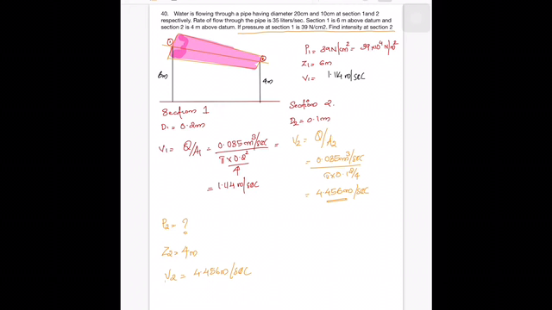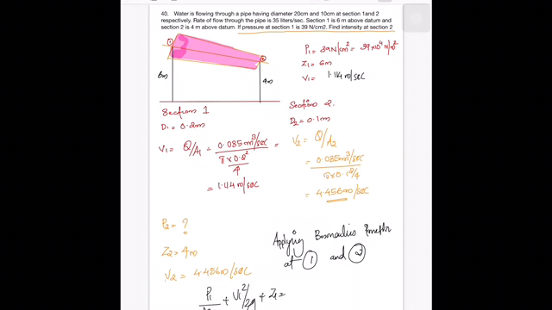So the obvious way is to apply Bernoulli's principle at section 1 and 2. Applying Bernoulli's principle at 1 and 2, we can write P1 by rho g plus V1 square by 2g plus Z1 will be equal to P2 by rho g plus V2 square by 2g plus Z2.